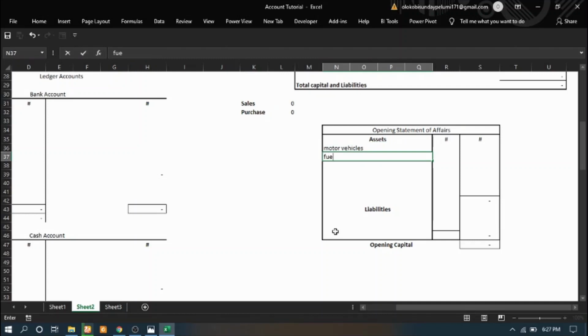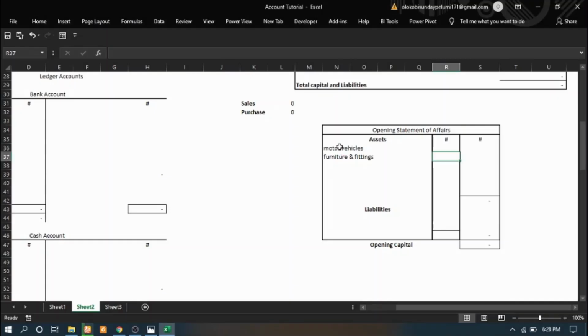Let's quickly look at the amount. Motor vehicle is 500,000, furniture and fittings is 162,500.